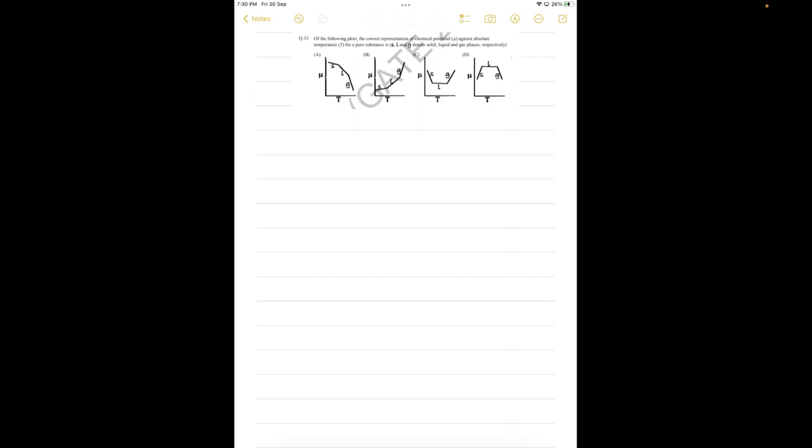Okay, now first start from the basics of thermodynamics. We know the Gibbs free energy G equal to H minus TS, right? So H is the enthalpy, T is the absolute temperature, and S is the entropy. G is the Gibbs free energy.